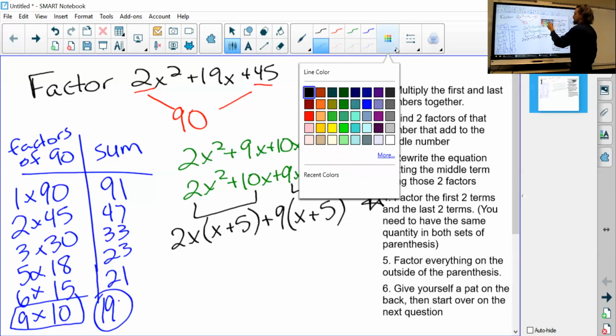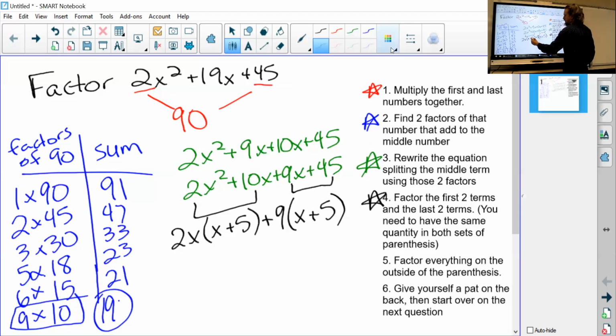If we did this correctly, these 2 amounts in the parentheses need to be exactly the same. Okay, if this did not happen, something has gone wrong, you need to go back. That's why we flip these around, because if I left it as this top equation, I would not be able to factor out and have x plus 5 in both sets of parentheses.